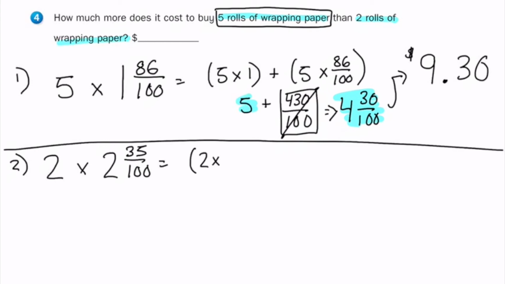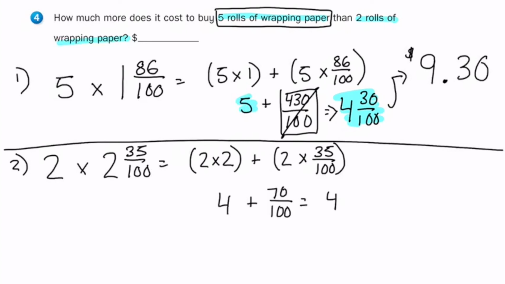So you would do the whole numbers first, 2 times 2, plus the whole number, which is 2, times 35, which is the fraction 35 hundredths. 2 times 2 is 4, plus 2 times 35, which is 70. So this becomes 70 hundredths, which is 4 and 70 cents.